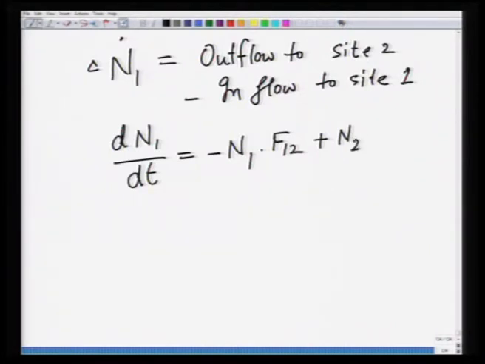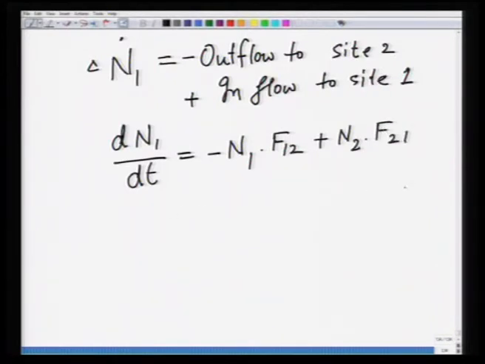Here you must be a little confused at the moment about why we have taken these signs. So for the sake of clarity, let us take outflow with a minus sign, and inflow with a plus sign. So the inflow would be n2, the dipole density at site 2, multiplied by the jump probability from 2 to 1, which is F21.